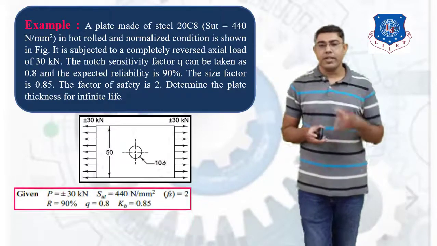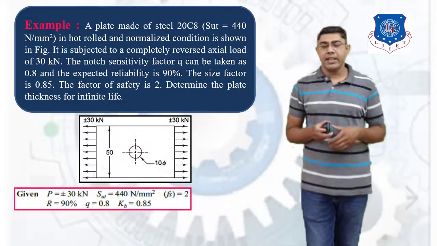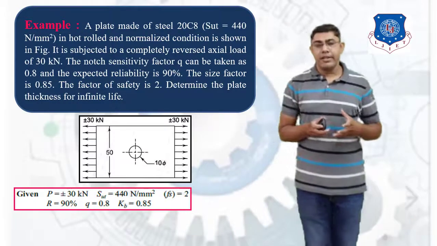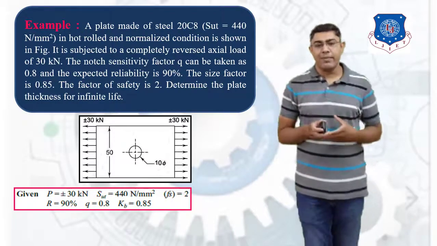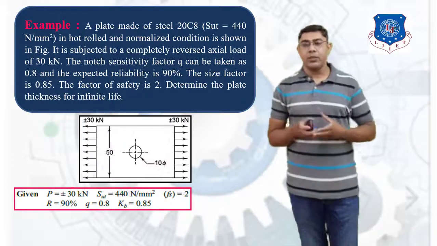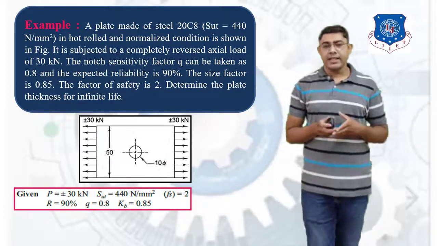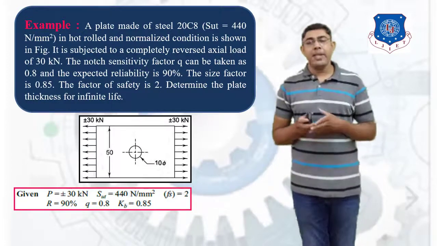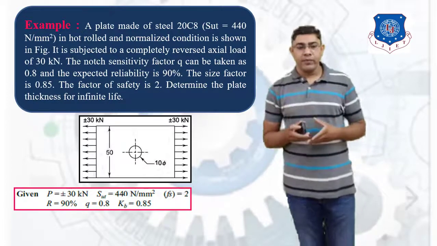According to this problem, the data given is P is plus or minus 30 kilonewton, SUT is 440 Newton per mm square, factor of safety is 2, reliability R is 90%, q is 0.8 and Kb is 0.85. We first have to calculate AC dash.